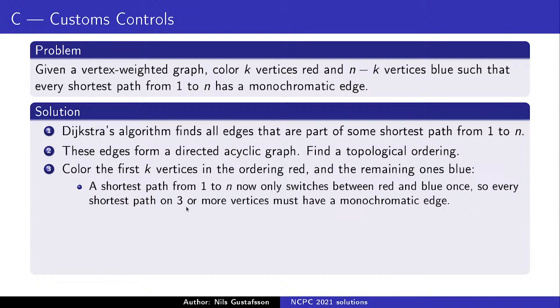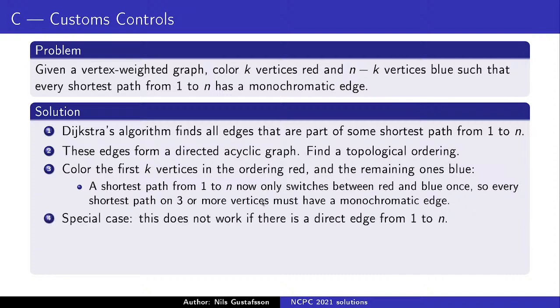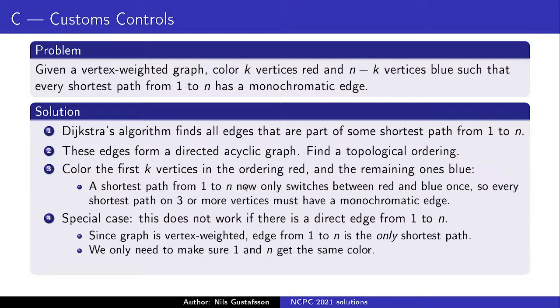The only remaining little thing is, what if there are shortest paths that have only 2 vertices? What does this mean? This means that there is a direct edge from vertex 1 to vertex n. In this case, because the graph is vertex weighted, this edge from 1 to n must be the only shortest path in the graph, because going a detour through some other vertices will just make the length of the path larger.